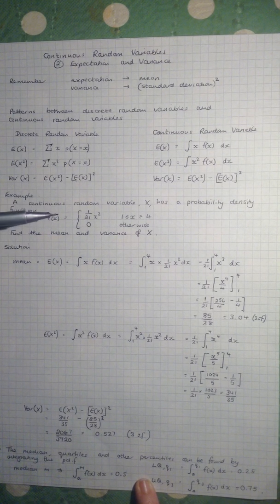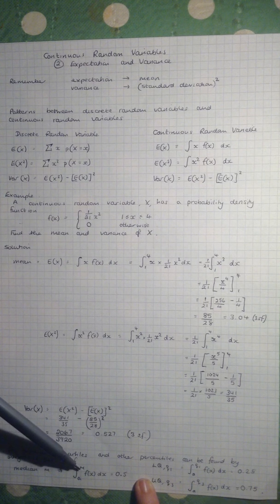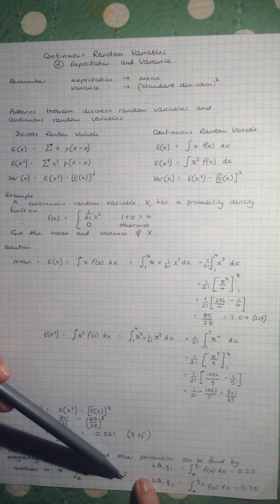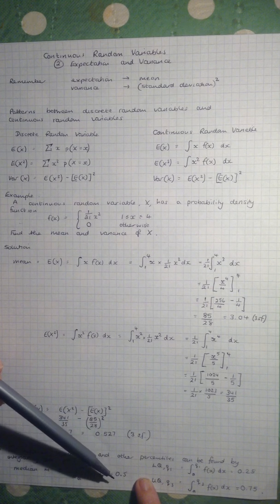So for this example we would be integrating 1 over 21 x squared between the lower limit of 1 and m for our median, and we know that that equals 0.5, so we would end up with an equation in terms of m that we would need to solve.